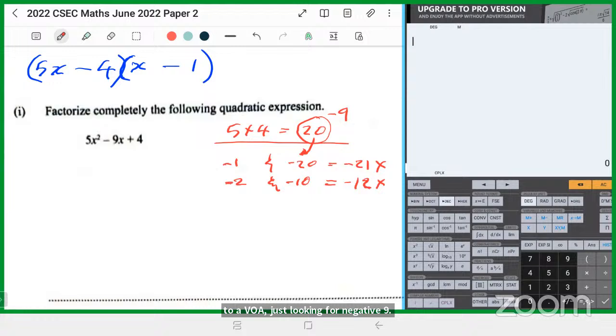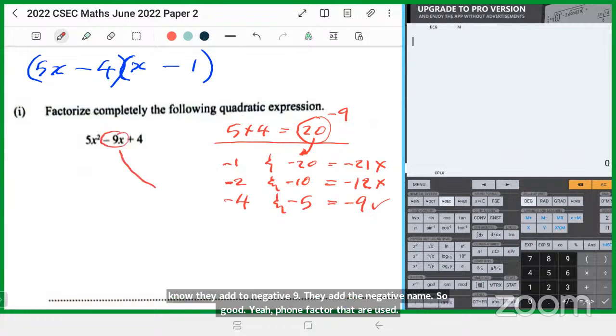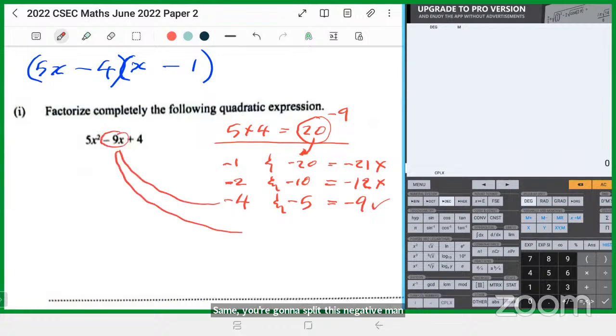The next 2 whole number factors will be 4 and 5. You make both of them negative, and now they add to negative 9. So good, you have found the factors you're going to use. It means you're going to split this negative 9x into negative 4x and negative 5x. That's what it means, so you can factorize by parts.